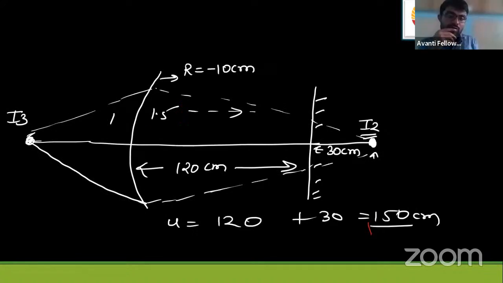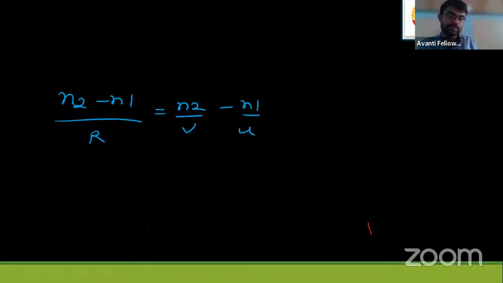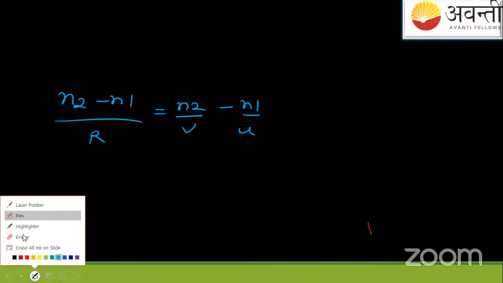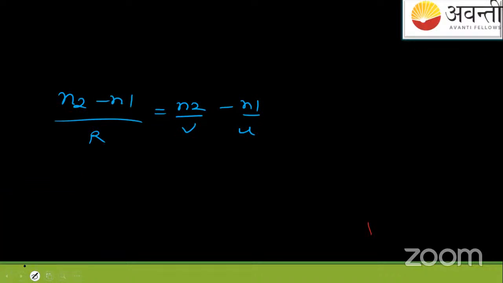So now you will say N1 is this and N2 is this. N2 is 1 now. Put the values, fine. N2 kya loge? N2 kya lena hai students? 1 minus 1.5. R is minus 10.